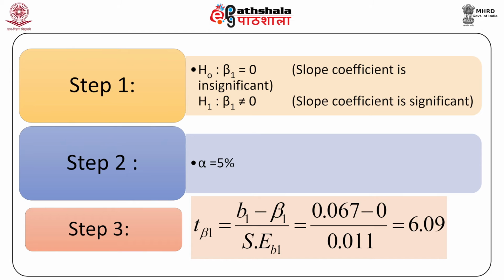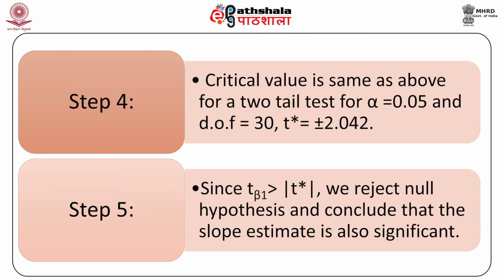Step 2: alpha is equal to 5%. Step 3: T beta 1 is equal to b1 minus beta 1 upon SE b1. This is equal to 0.067 minus 0 upon 0.011. This is equal to 6.09. Step 4.